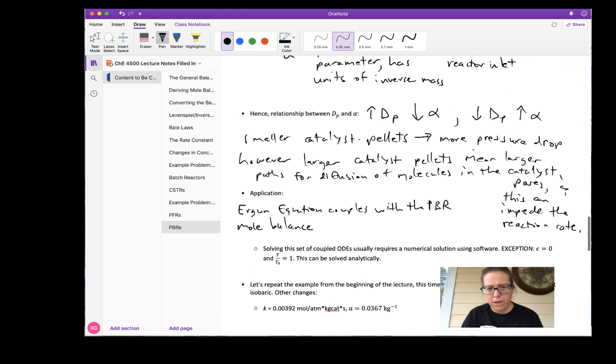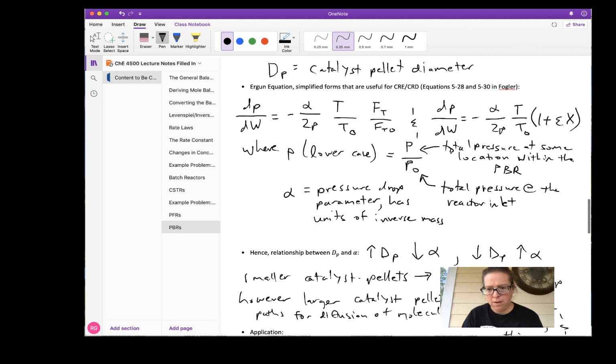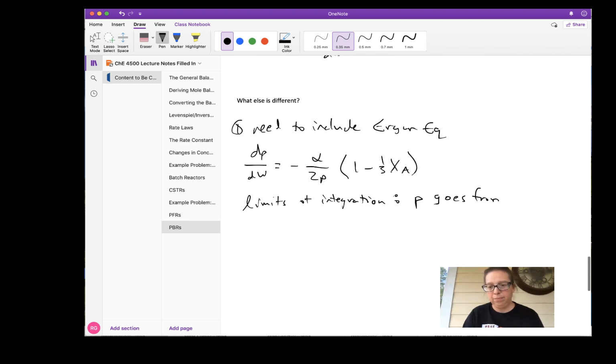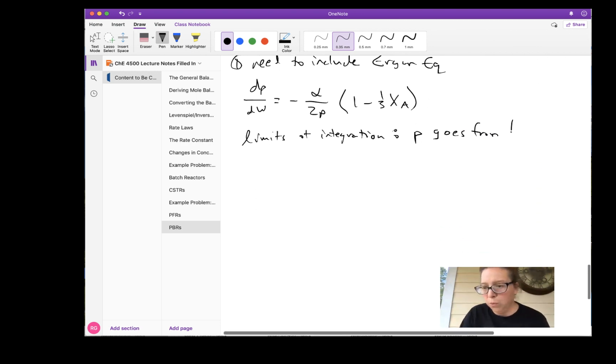So p, lowercase p, is equal to the total pressure at some point within the reactor divided by the total pressure initially. So it starts out as 1 to some value p. We don't know what it's going to end up at. And W from 0 to W.